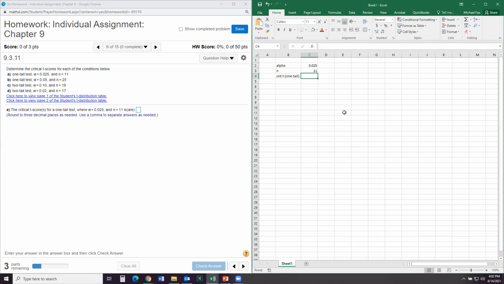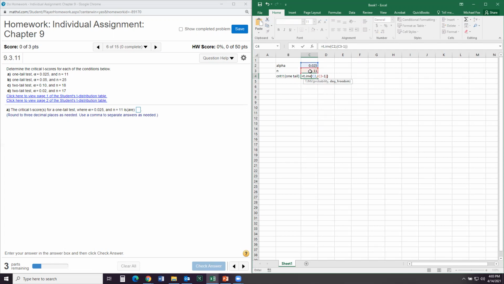And to find that, all I'm going to do is say that this equals T.INV. For the probability, I'll use the alpha. And then for the degrees of freedom, I'll use n minus 1.